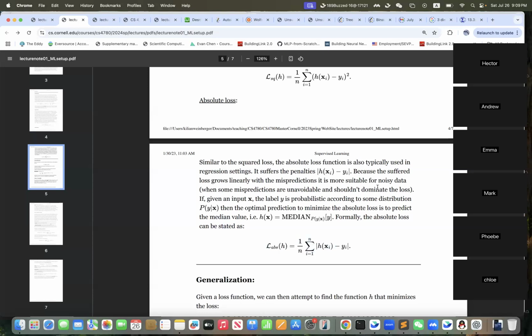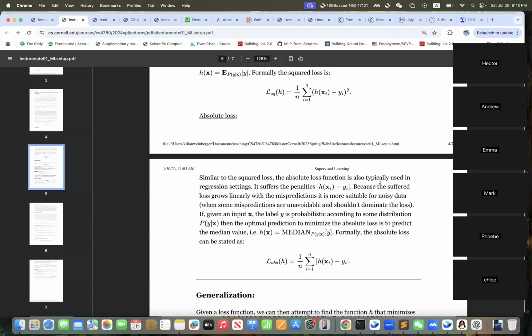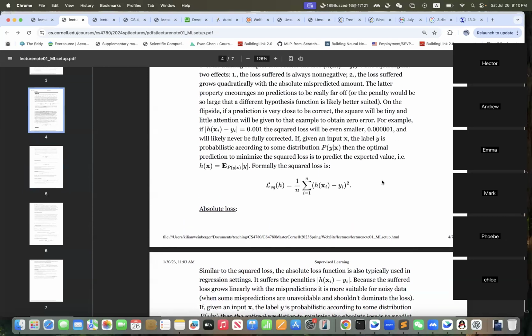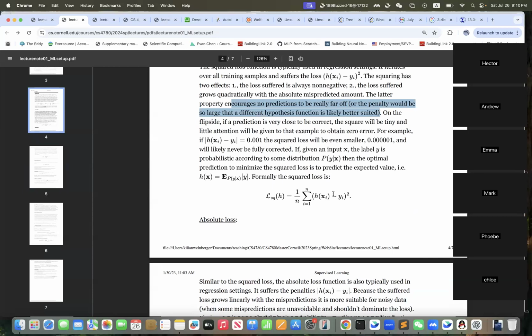So there's one thing that's really important. It's more suitable for noisy data, right? And I don't know if someone understands this. So you remember, in the squared loss, we encourage no prediction to be really far off, right? If a prediction is really far off, since we have a square, if h(x) and y are 5 apart, then we are adding 25.